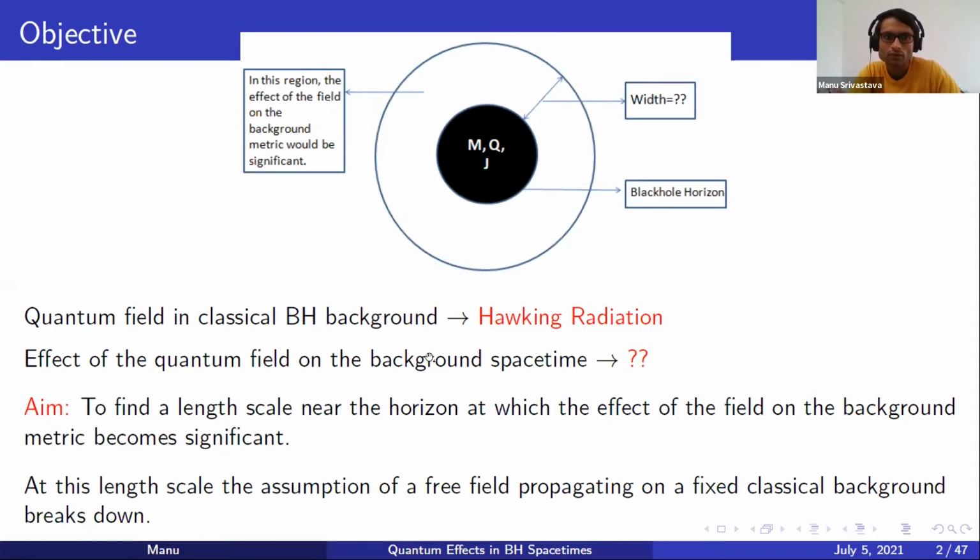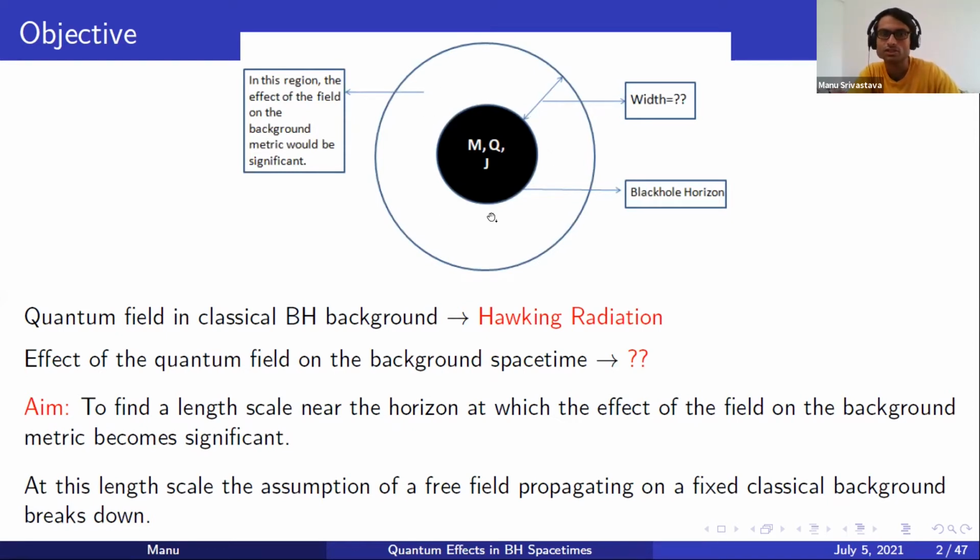So in this work, even before considering the effects of these quantum fields on the background space-time, we wanted to find out in which region of the space-time these quantum effects become significant. Yesterday there was a talk by Professor Carlo Rovelli where he had a conformal diagram where he said quantum gravity effects come into the picture very close to the black hole horizon, and that the width of the region is suppressed by Planck length.